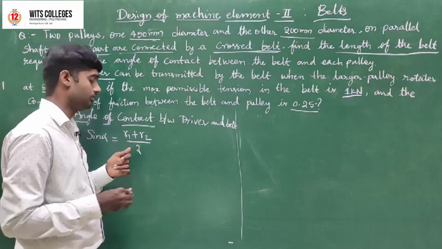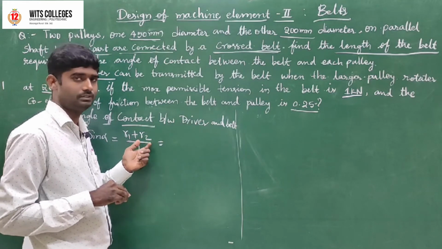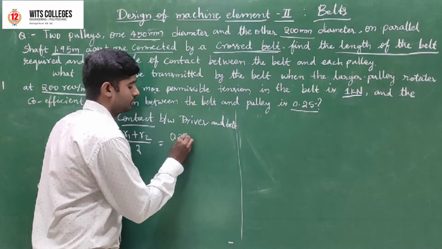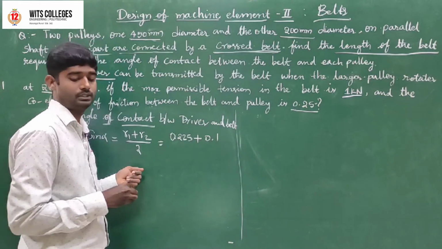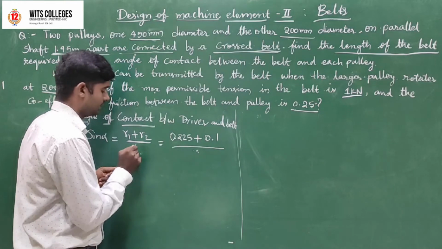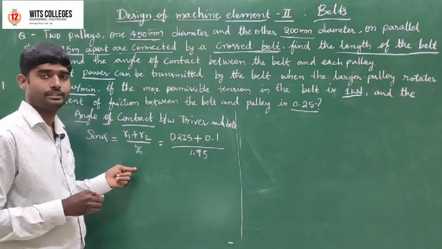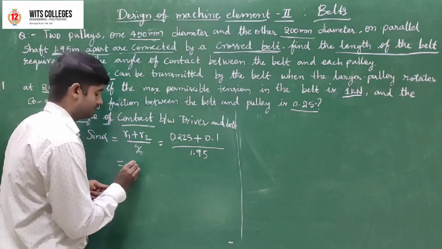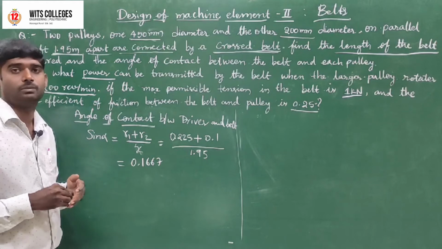In meters, R1 is 0.225 plus 0.1, divided by 1.95. In this one, sin alpha is equal to 0.1667.